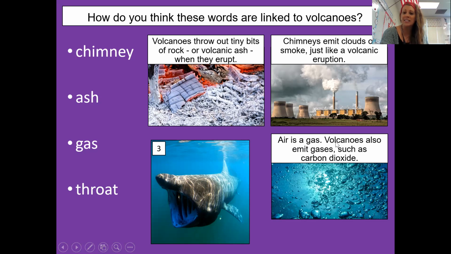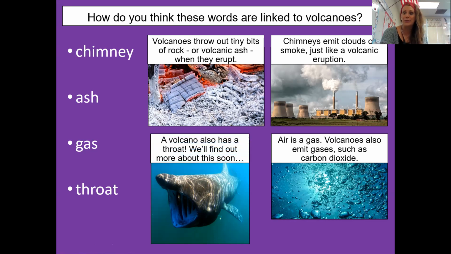Air is a gas. Volcanoes also emit gases such as carbon dioxide, and we read about that yesterday, how they emit gas, right? And then number 3 is throat. A volcano has a throat. All right. Did you know that? We'll find out more about that soon.